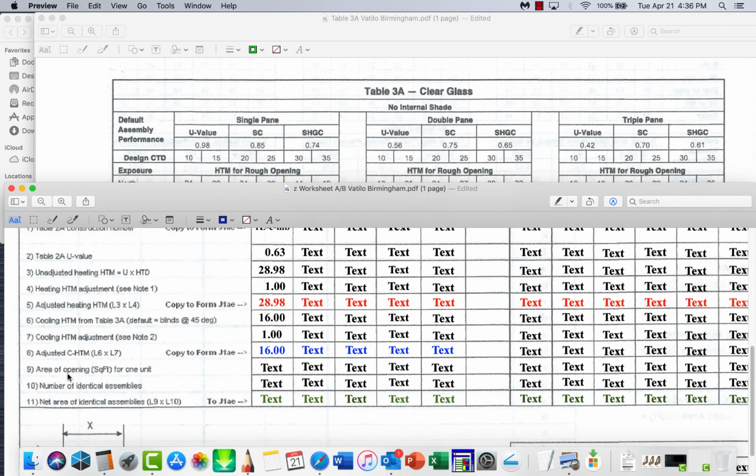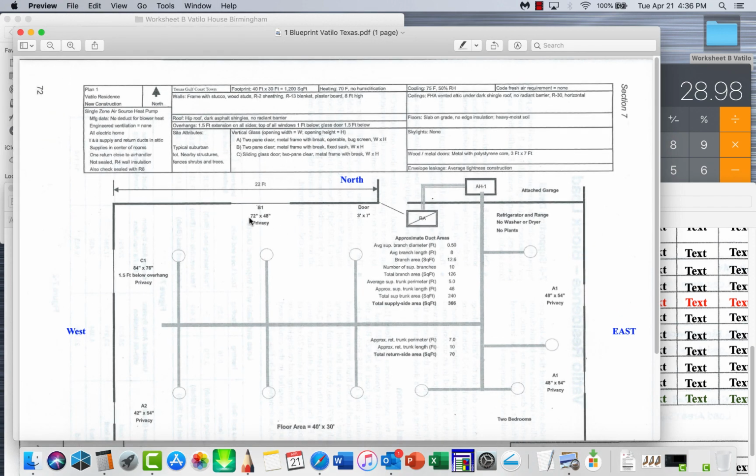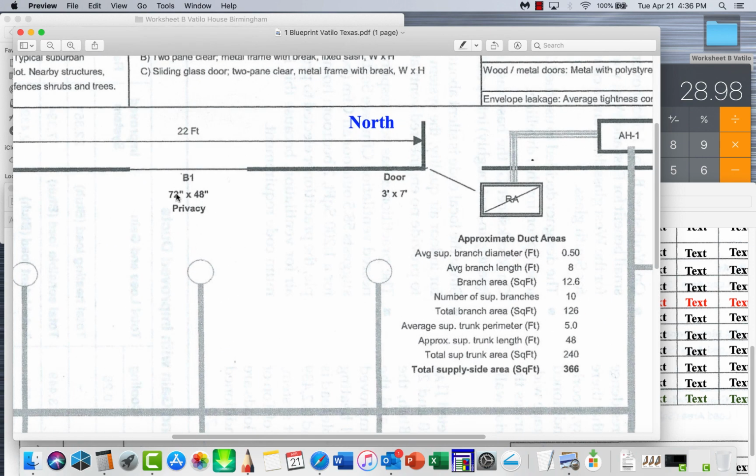All right, area of opening, square foot for one unit. So if we had multiple windows, same windows, whatever, we're going to go back to our original blueprint. And ours is 72 by 48 inches. Just make that real clear.